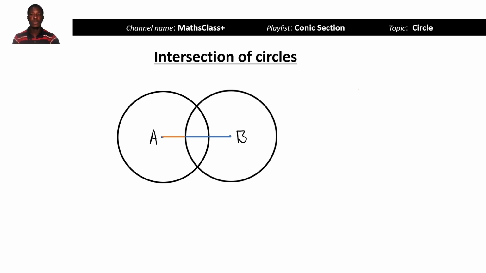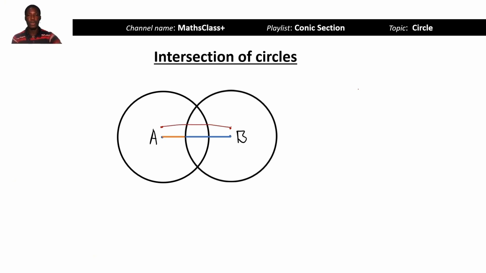Now, when the two circles intersect at two different points, look at their radii. You see that when you look at the distance between their centers, it should be shorter than the sum of their radii.